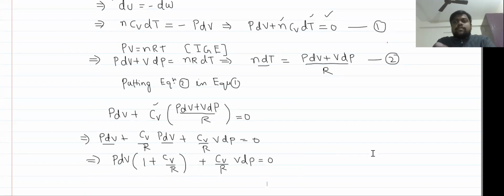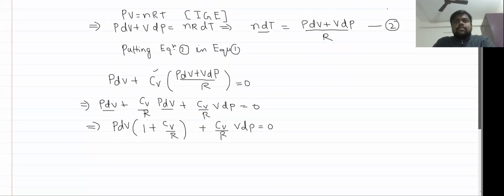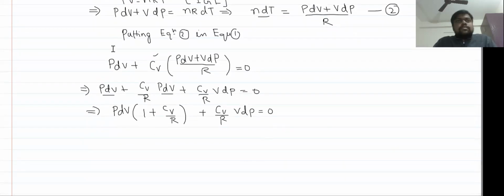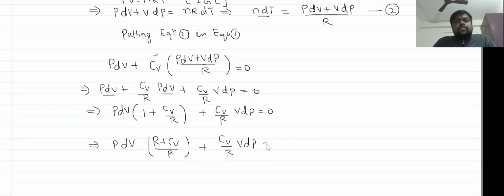So if we further simplify this equation, let us take the LCM R. So you will be getting PdV (R plus Cv) by R plus VdP Cv by R equal to 0. Now R plus Cv we can write from Mayer's relation. We know Cp minus Cv equal to R. This is from Mayer's relation.